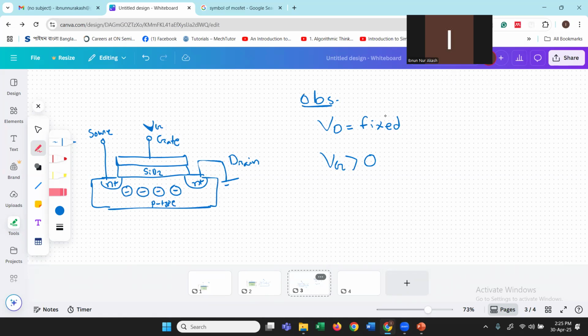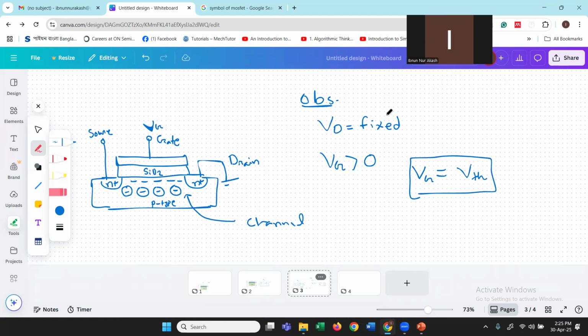So there will be no channel at this moment. There will be only negative ions, so it will create a depletion layer. As soon as we exceed some amount of voltage, which I call the threshold voltage, we can see minority free charge carriers, or I can say we can form a channel. That means we can form a channel when we exceed the threshold voltage.